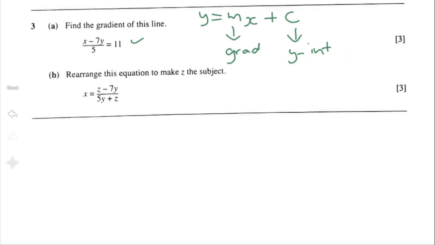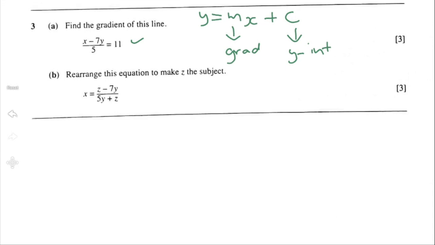Meaning that if we can transpose this equation and make y the subject, we can have an equation of this form: y is equal to mx plus c. And we can then look at that coefficient of x, and that coefficient of x will give us the gradient.